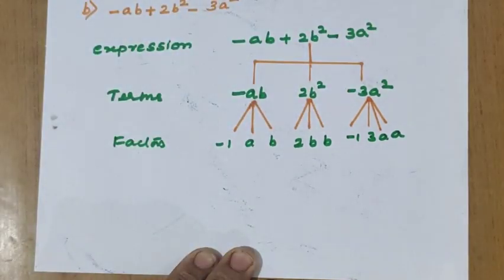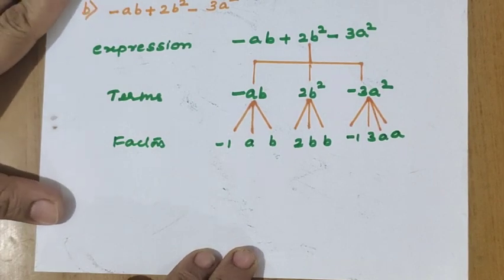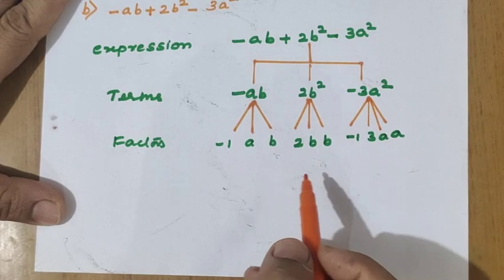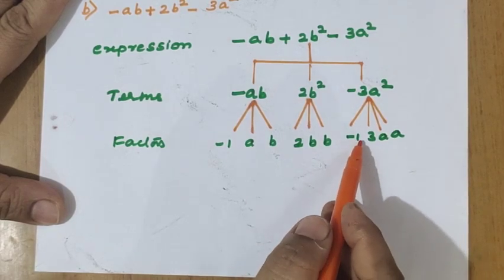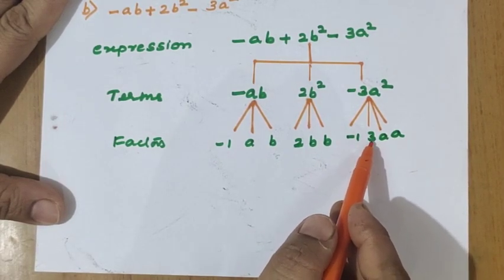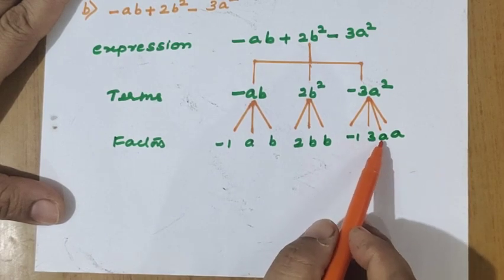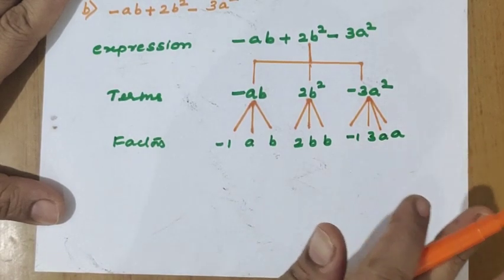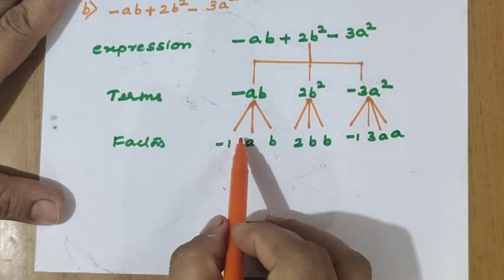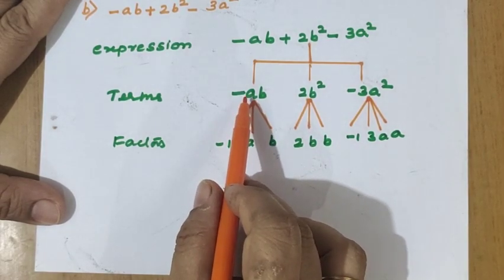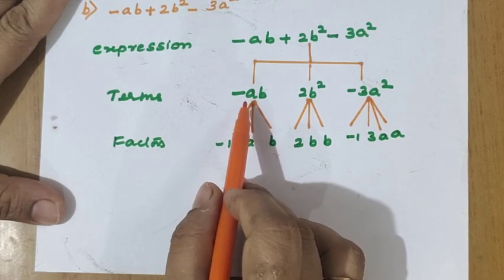So whenever any minus sign is there, minus 1 is to be shown. If no minus sign is there, we can write it like that only. So here we can avoid minus 1 because a number 3 is there. So you can write minus 3a into a. Better you write minus 1 only. Where no number is there, it means 1 is there, but with a minus sign.